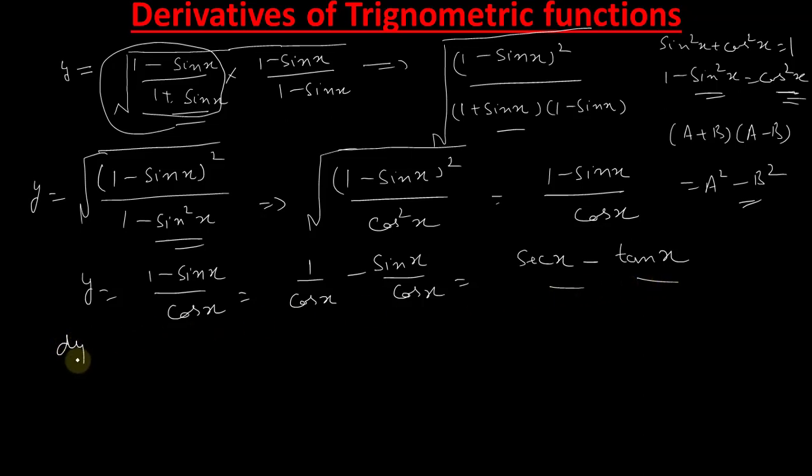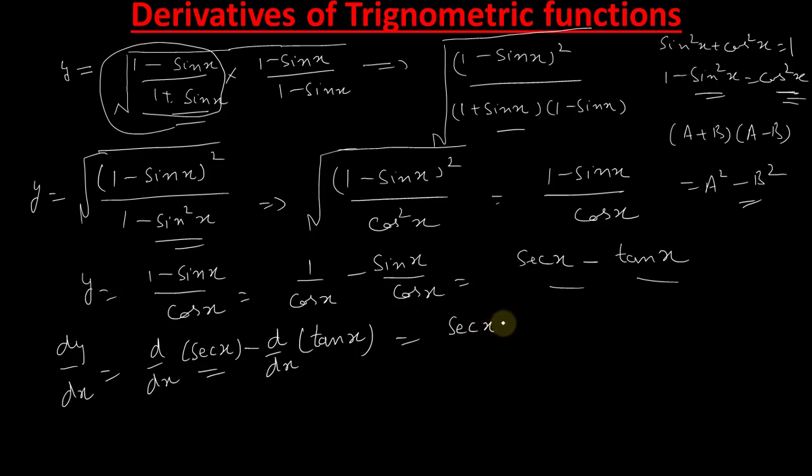Now we can do its derivative. So dy by dx is dy by dx of secant x minus dy by dx of tan x. The derivative of secant x is secant x tan x, and the derivative of tan x is secant square x.